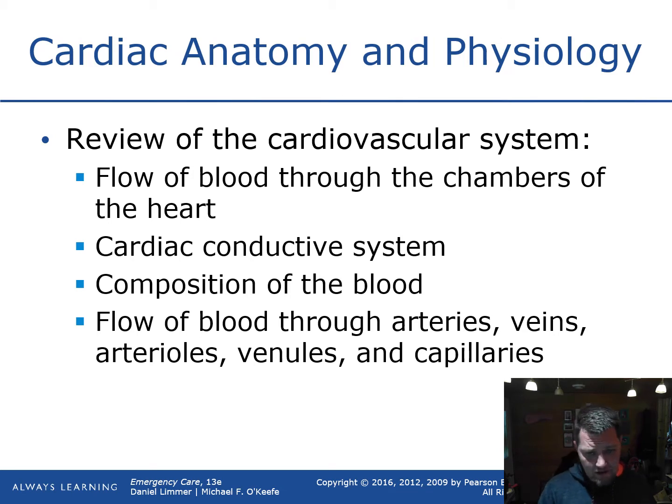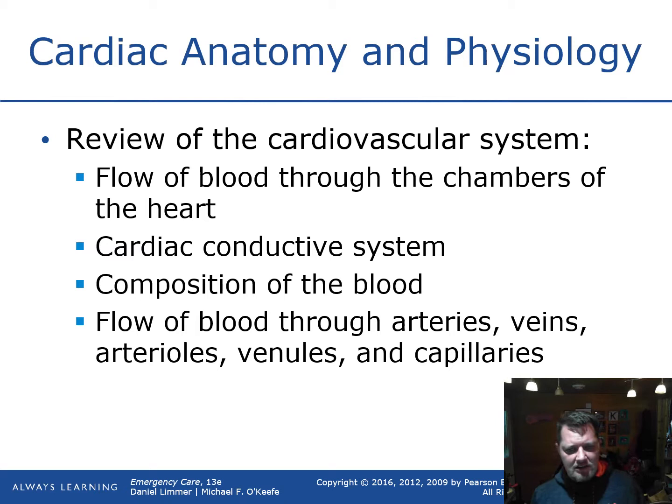It goes off to the lungs, where the carbon dioxide gets exchanged for oxygen, and then it comes back through the pulmonary veins, and goes into the left atrium, through the mitral valve, to the left ventricle, and then it gets pumped out to the aorta through the rest of the body. Okay.